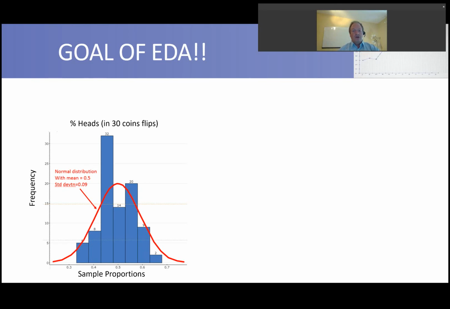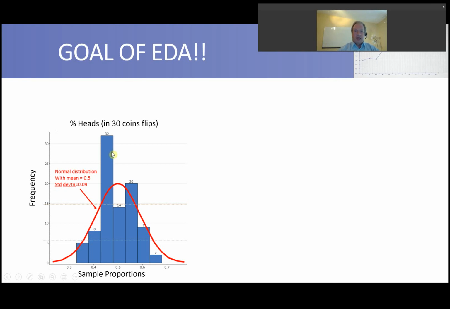I'm going to show you a different example here to try to illustrate it, because it's a little easier with this particular example that I've kind of jury-rigged here. This is the percentage of heads we would get if we flipped a coin 30 times. This was an activity in one of my classes. I had a gazillion students each flip a coin 30 times, and they noted the percentage of heads. And here I'm making something that we're going to talk about later.